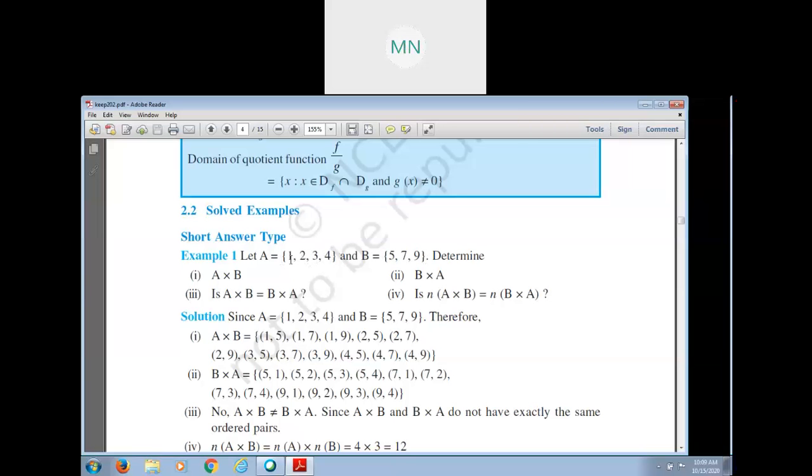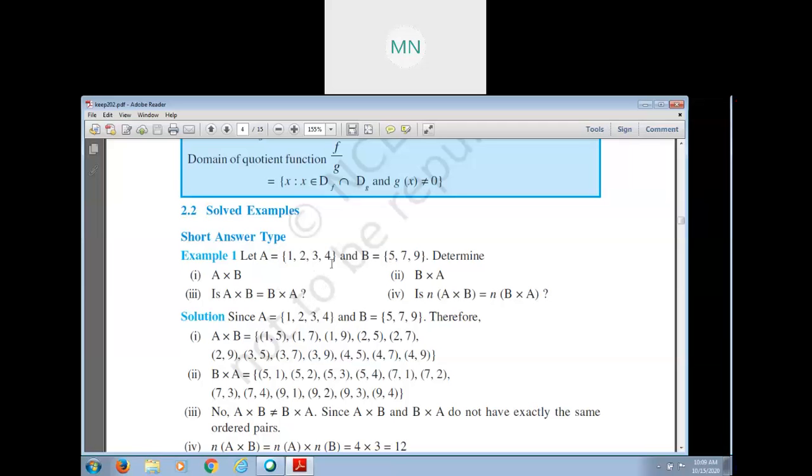Now, can you tell me the number of elements in A cross B? How many numbers are there in A cross B? That is the total number of elements in this Cartesian product. n of A cross B will be what? 12, because A has 4 elements and B has 3 elements.